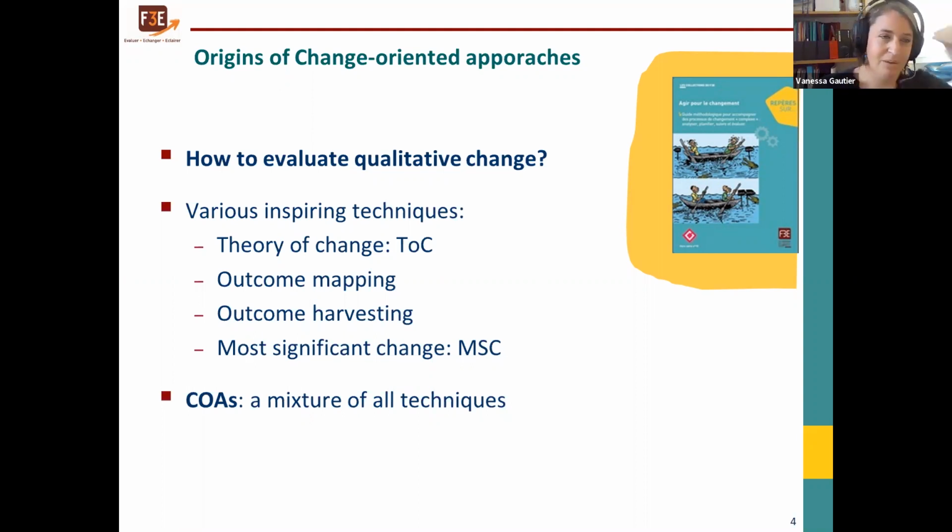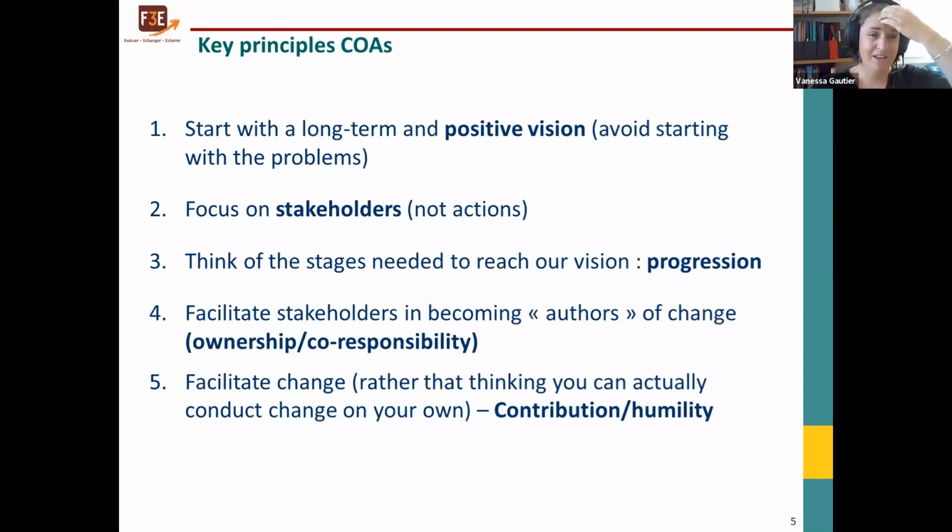What's important about them is that they have principles, like values really, that are more important than the tools themselves. I can see from what all of you are saying that it's really about this. You have tools, but then what do you do with them? It's another thing. So with those approaches, we start with a long-term and positive vision.